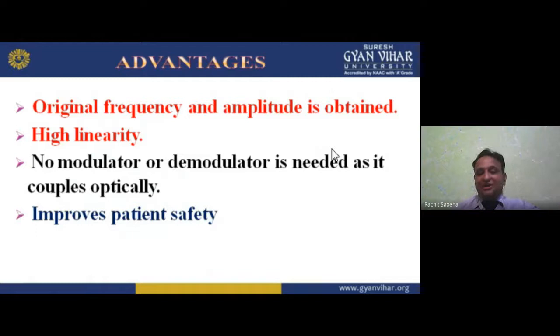We need a modulator, PWM, pulse width modulation. So a modulator and demodulator are needed in the previous one. But in this, the optically coupled isolation amplifier, no modulator or demodulator is needed, as it couples automatically, coupling in optical form.